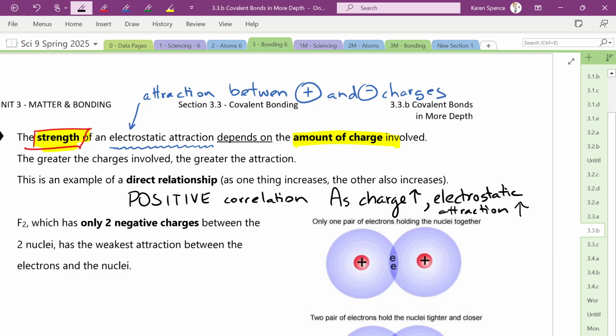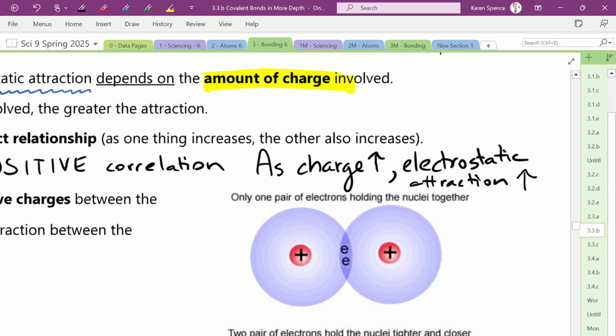So if you're wondering what's going on there, well, if we have fluorine, this is our nucleus.